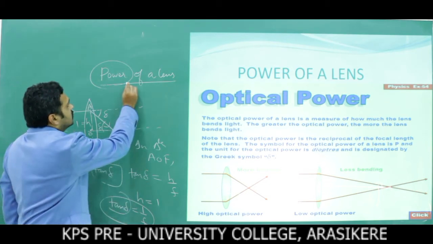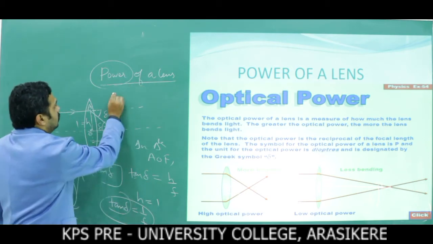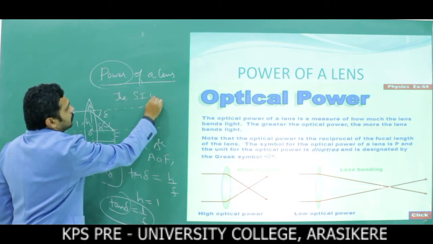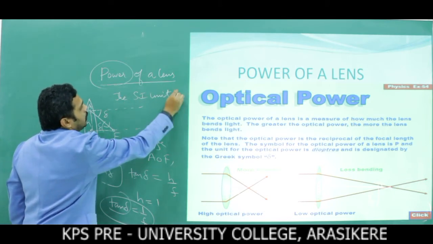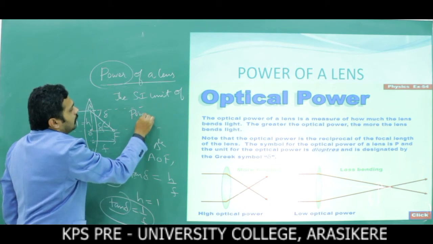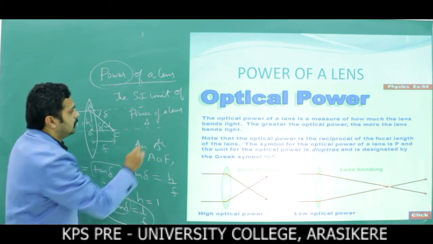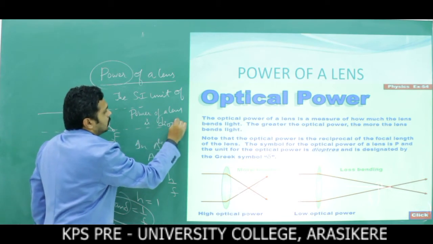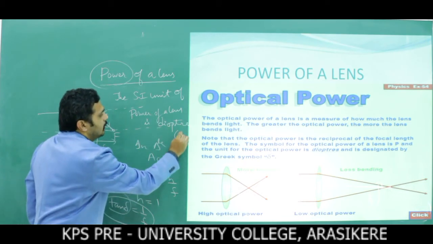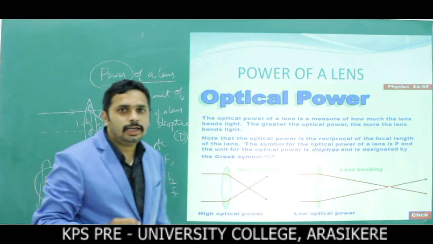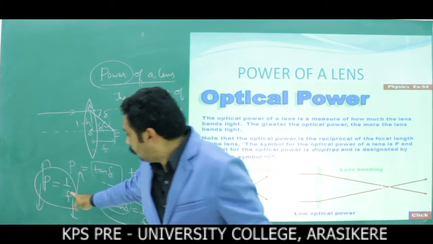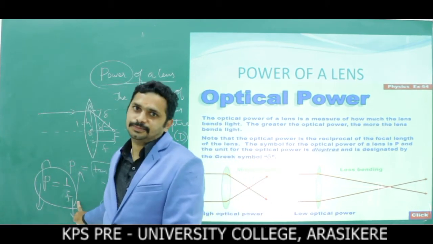Now, what is the SI unit of power of a lens? Look here. The SI unit of power of a lens is diopter. The symbol is capital D. To get power in diopter, the focal length must be in meter.